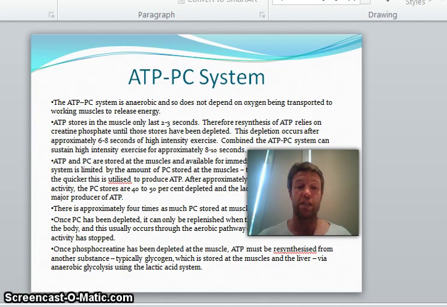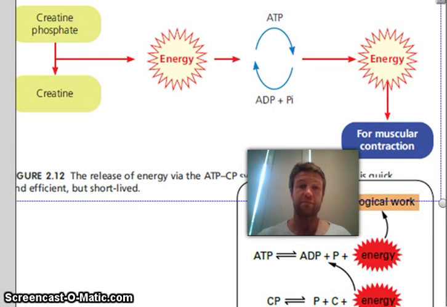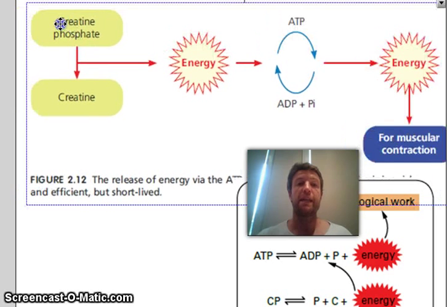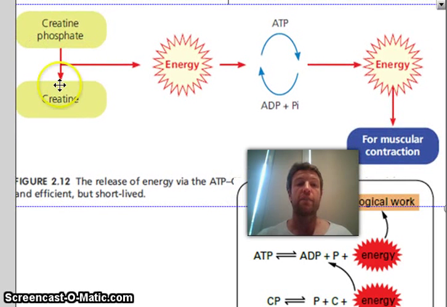So if I scroll down here to our little diagram, we can see that creatine phosphate gets broken down and it's split, and so creatine phosphate is no longer. It's broken down and it becomes useless to us. But that splitting of creatine phosphate releases energy, which is signified here.